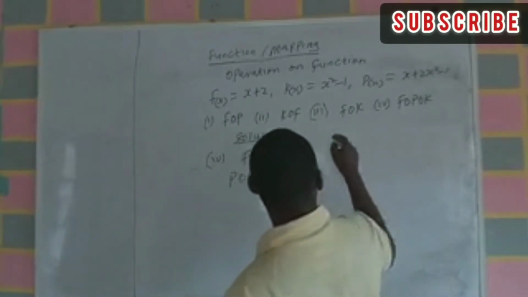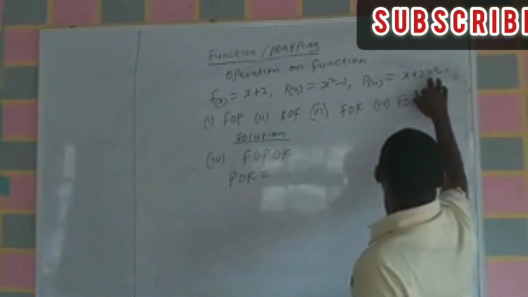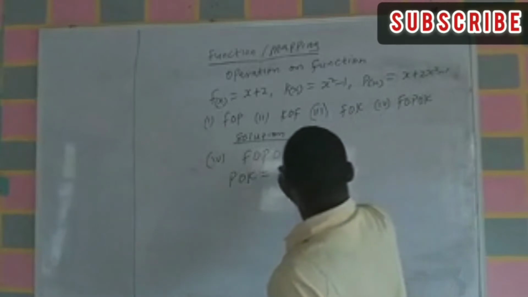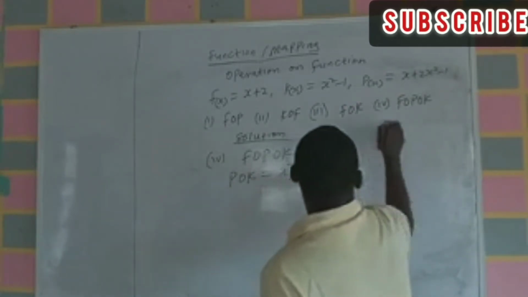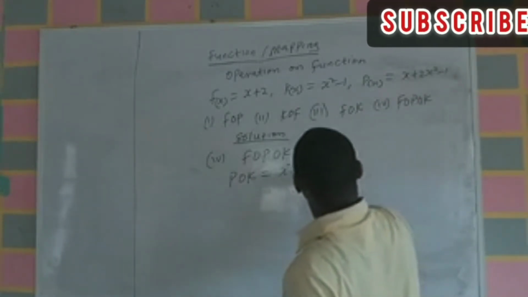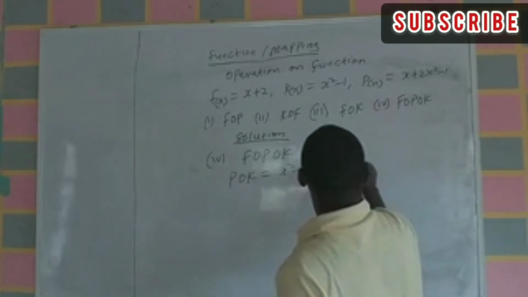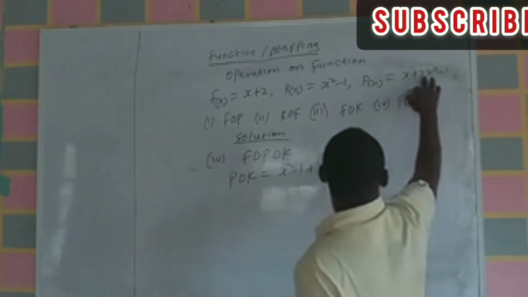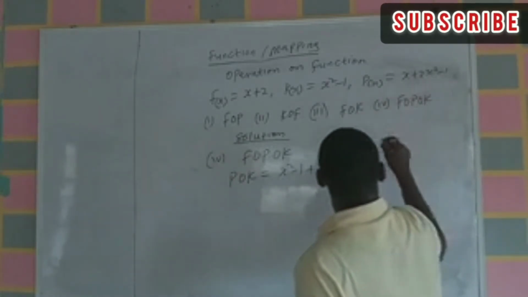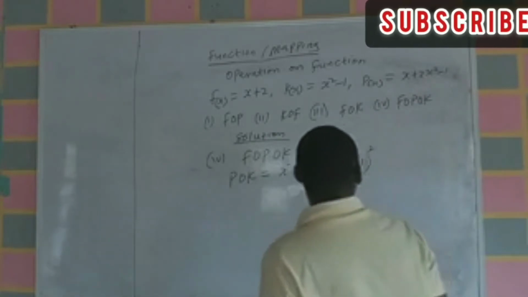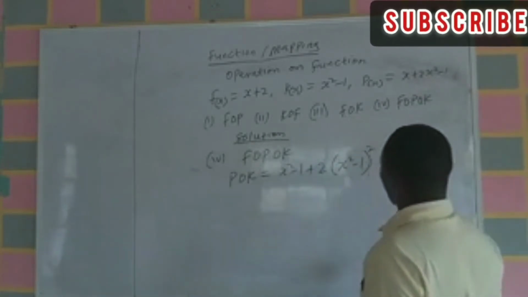So that means I have x here. Now I'm going to substitute s squared minus 1 for x, then plus 2 into s squared minus 1. The 2 is multiplying the s squared minus 1. Don't forget that there's the power, that is s squared. Then I have minus 1.